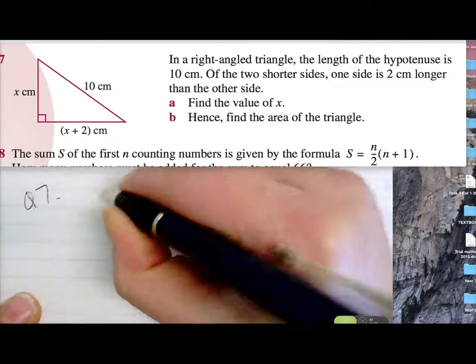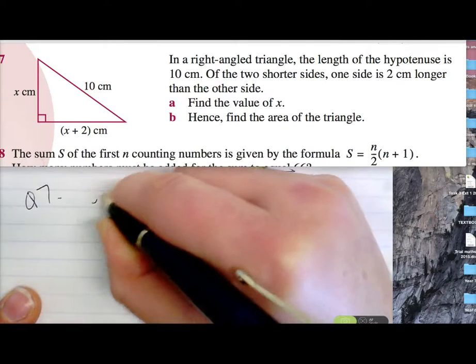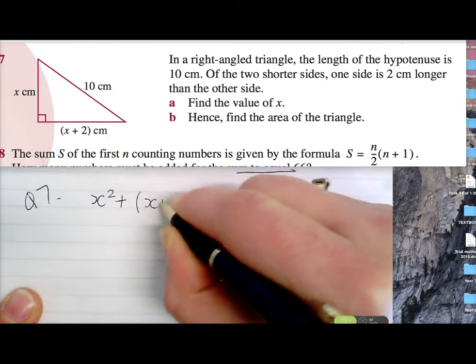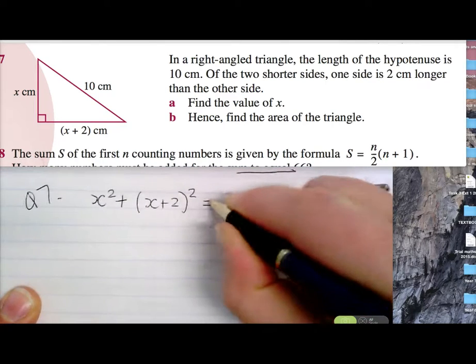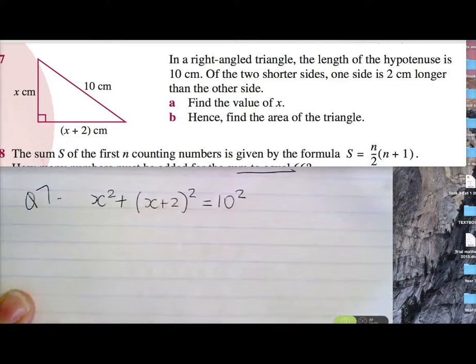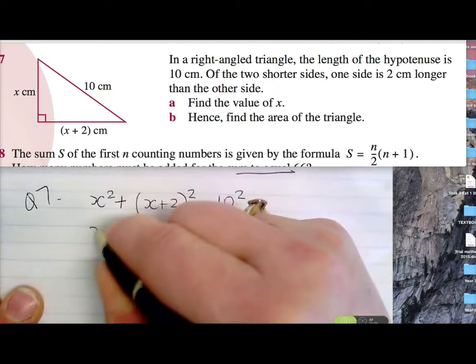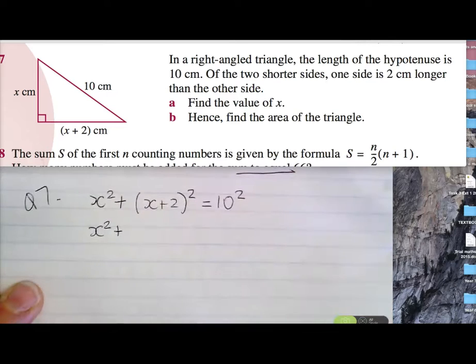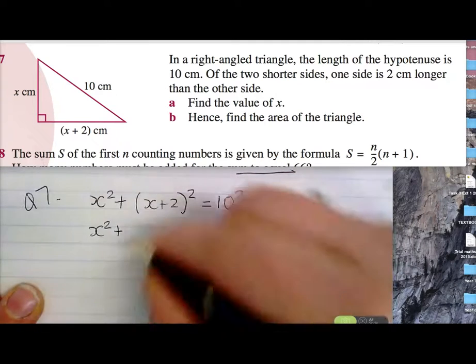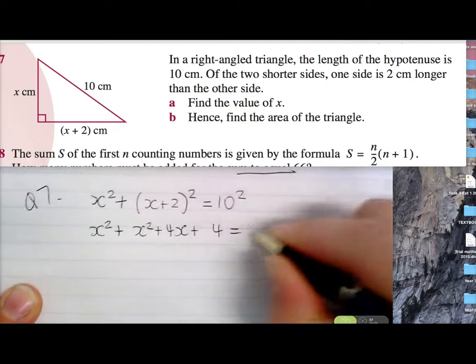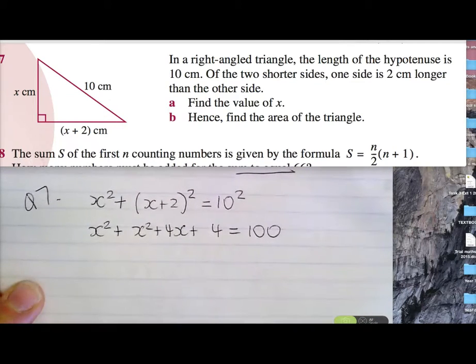Let's solve it by doing, as what was just said, x squared plus the other shorter side, x plus 2 squared, equals 10 squared. Expand all that, take it all to the left. X squared plus, expand, x squared plus 4x plus 4 equals 100.